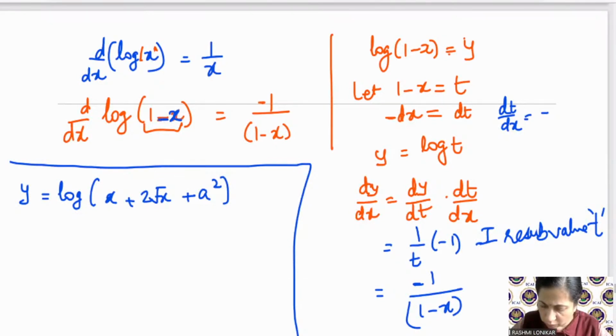Dimple, square root of x square, a square is for both of these. Can you tell me the page number, Dimple?